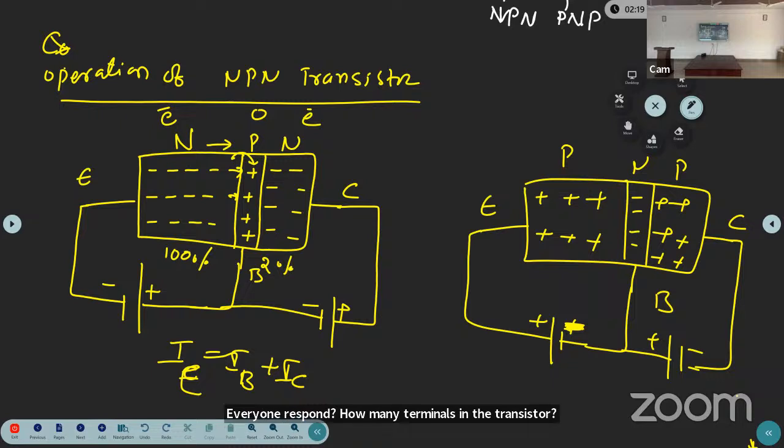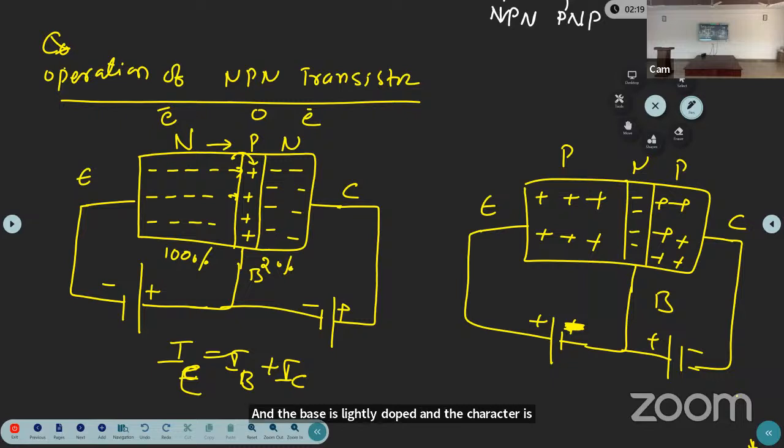Emitter, base, collector. Why is the first region named the emitter? Because it emits the electrons. The total current in the transistor is due to the charge carriers of the emitter region only. The emitter is highly doped, the base is lightly doped, and the collector is moderately doped.